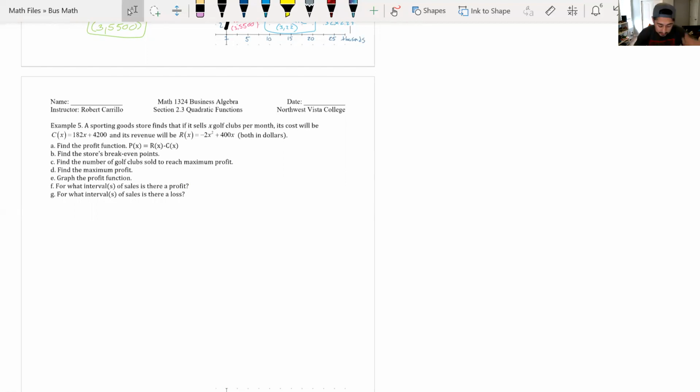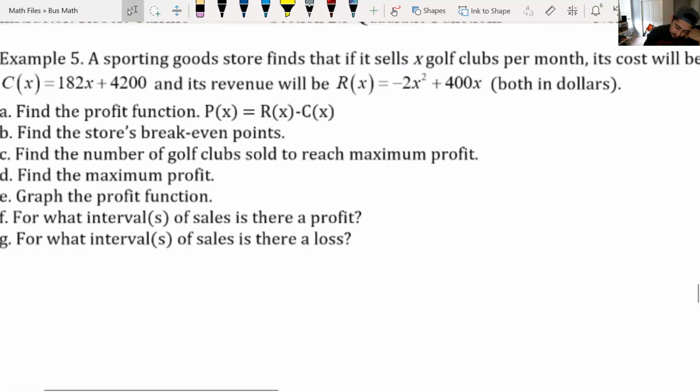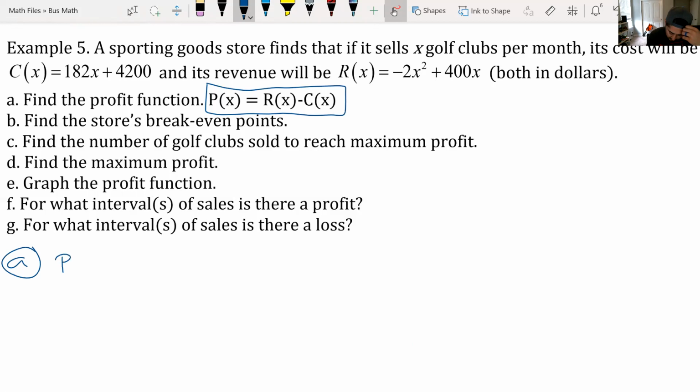So first thing we want to do is find profit. So profit is given by revenue minus cost. Well, you see there, they already gave us a revenue function. They already gave us a cost function. All we have to do is plug them into this profit formula. So let's do that. That is A. P of X equals, now my revenue function, that's what I'm plugging in.